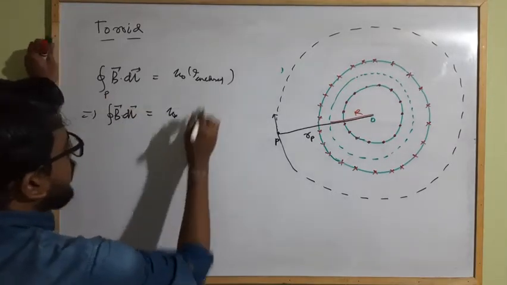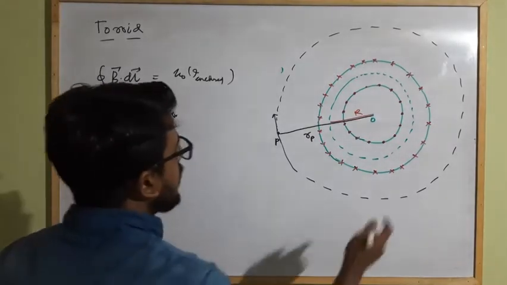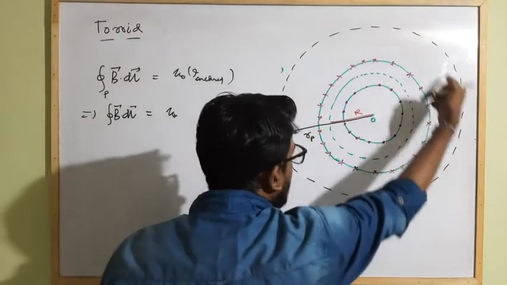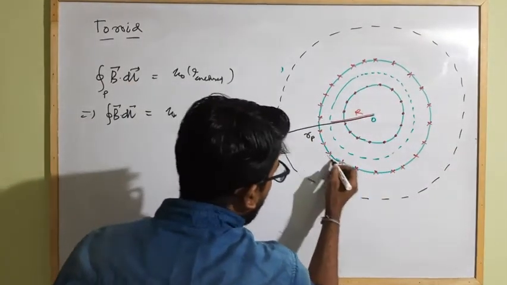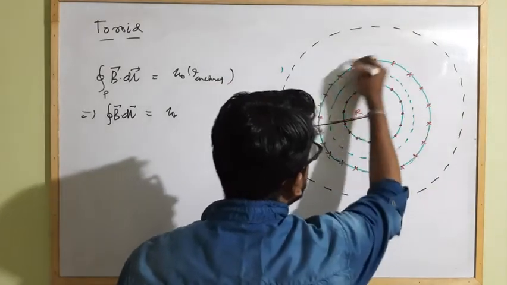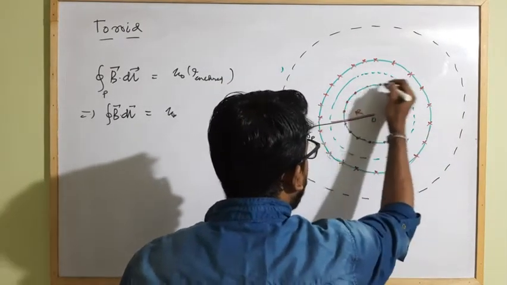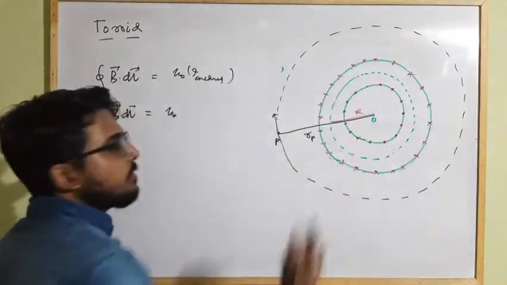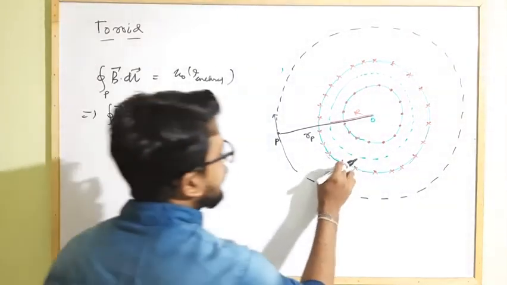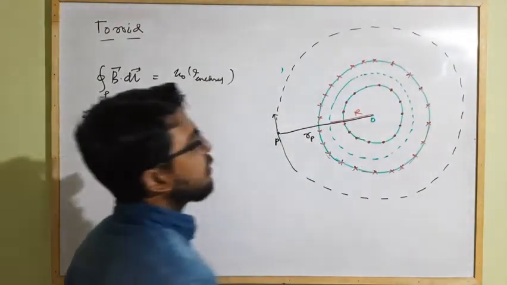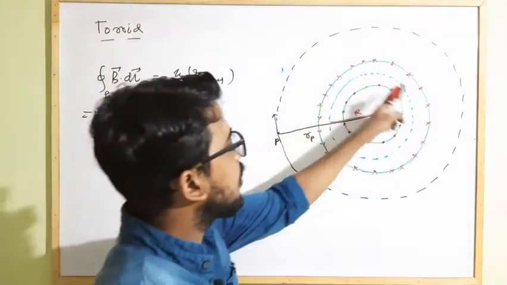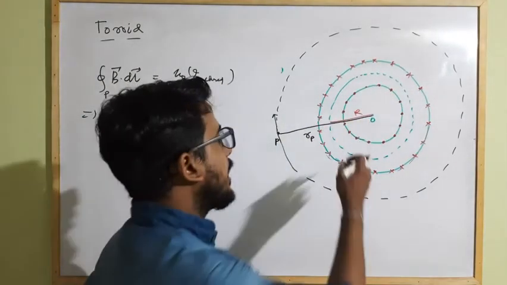Mu naught I enclosed. What is the value of I enclosed? Within this Amperean loop, the current going in and the current coming out are both present inside the loop, and the value of current going in and coming out is the same, as the total number of turns of the toroid carries current I.